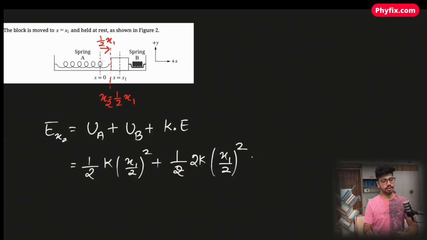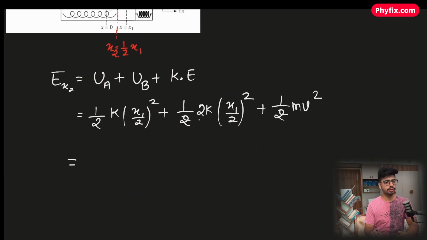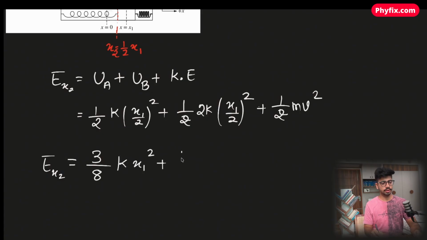The kinetic energy is half m v1 square. Let's calculate this: the 2 cancels out again, so this comes out to be 3 by 8 k x1 square plus the kinetic energy.